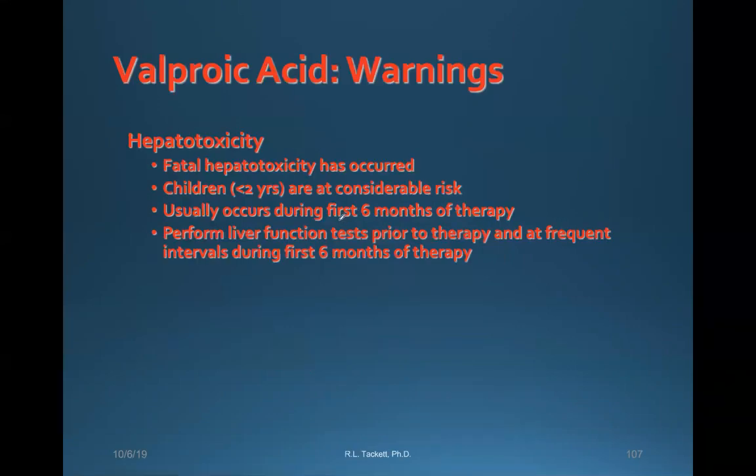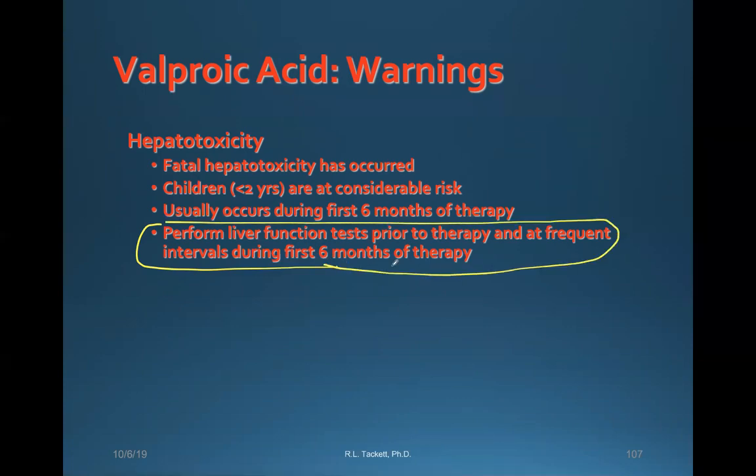This is the hepatotoxicity we've already talked about, but the only thing I've added here, on this slide that's different from the other, is that typically what we want to do to monitor this is to perform liver function tests at baseline and then especially at frequent intervals during the first 6 months of therapy.